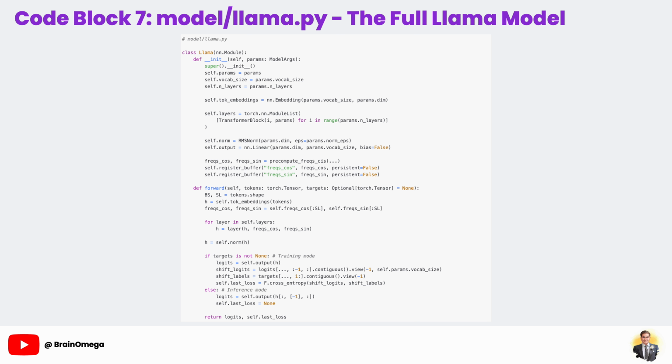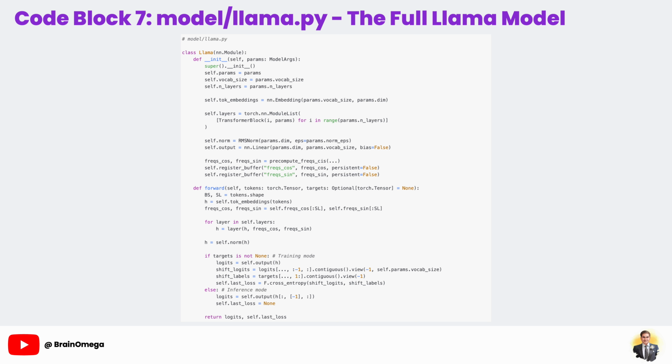Finally, we call our precompute freqs cis function one time to calculate our RoPE frequencies, and we register them as non-persistent buffers. This is a small optimization that tells PyTorch these tensors are part of the model's state, but don't need to be saved in the state dict, as they can always be recomputed.